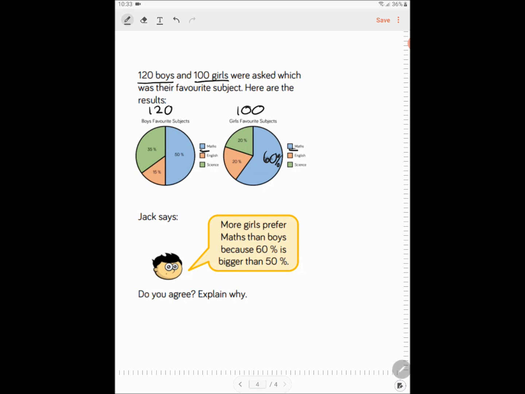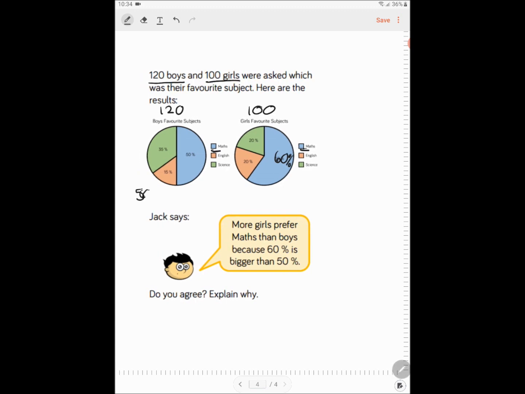So 50% of 120, remember, to find 50%, we divide by 2, we halve it. So half of 120 equals 60. So this 50% represents 60 children.